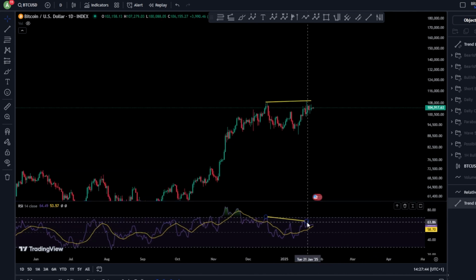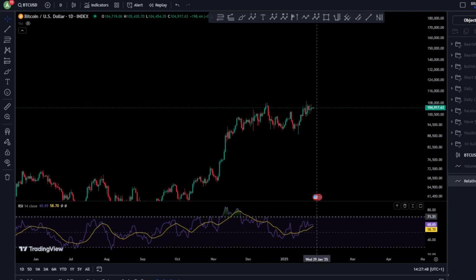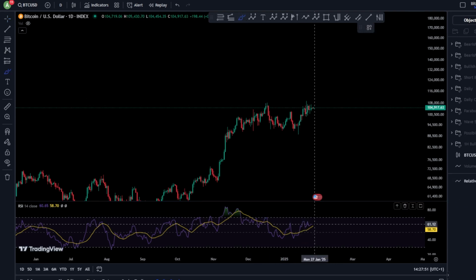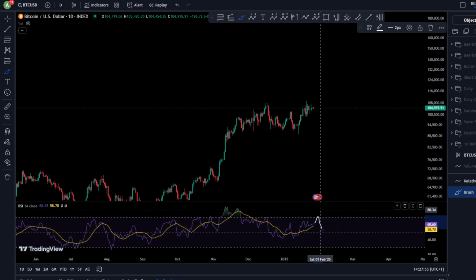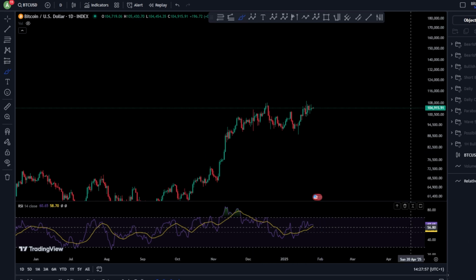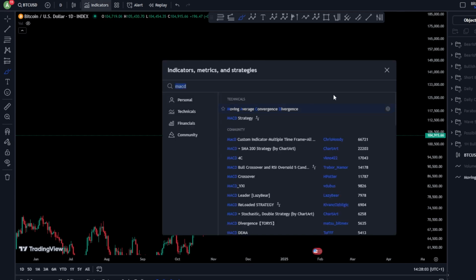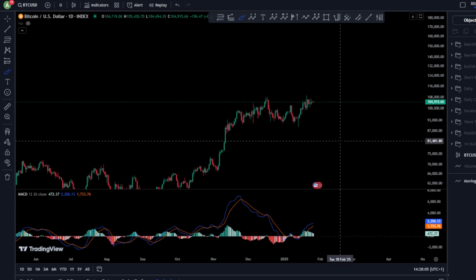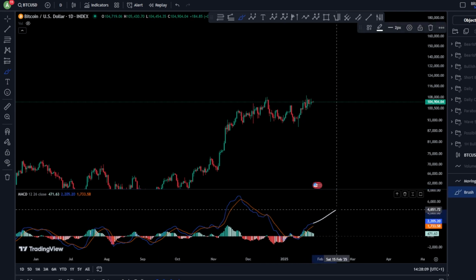We are very close to the overbought area on the daily, but we did not touch it, so we have a gap to reach, and I think this might be your wave 5 gap here, touching the high and starting to move toward the downside. Let's move to the MACD. On the MACD, we have the daily starting here. Very good. On the MACD, we are still open for the trend.